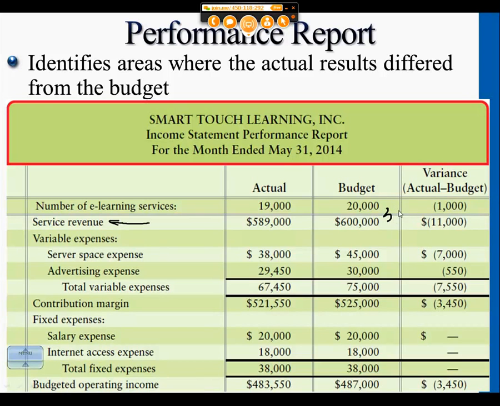I'm going to just write it here. Oh my gosh, it's so inconvenient to write by this thing. Okay, so the other one is the actual number. What is 589 divided by 19? It's 31. So what does it mean? If I have an actual number that's 31, but I budgeted 30.